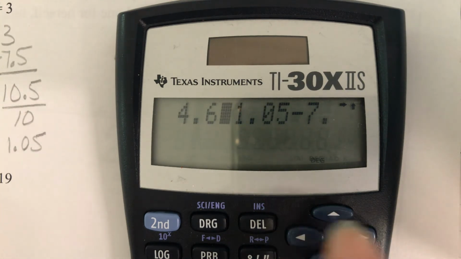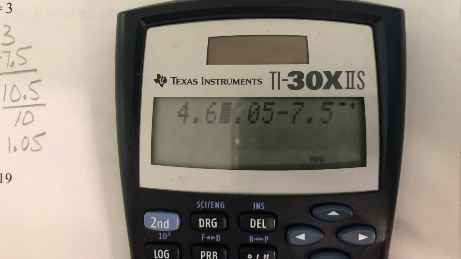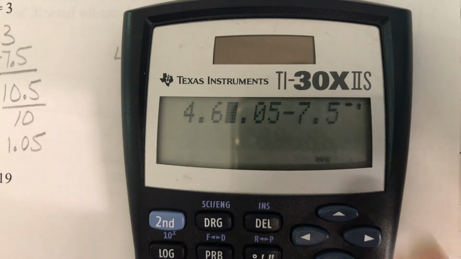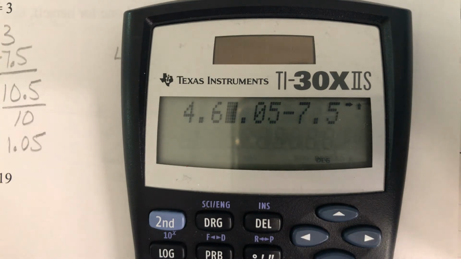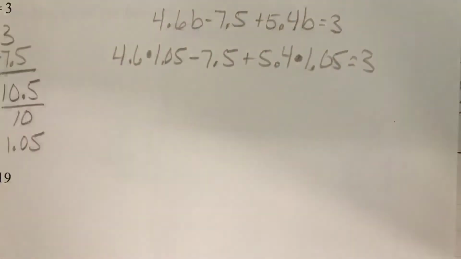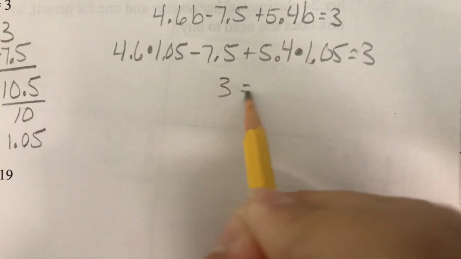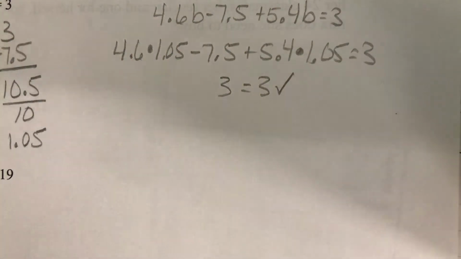So again, maybe here you missed a times sign. So it looks like this. You want to go behind where you want the times sign to go, second insert times sign, and it popped in front. Okay. 3 equals 3. We got that right.